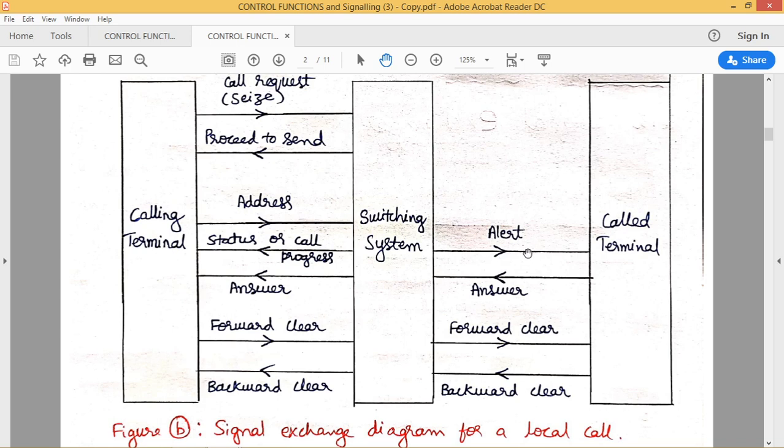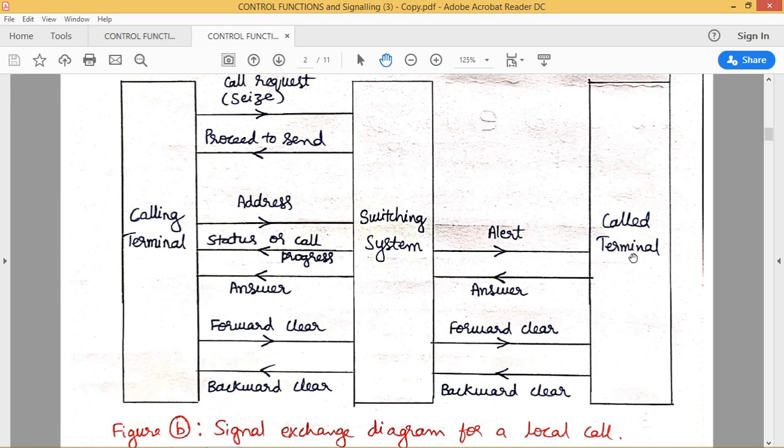Once the alert signal is sent to the call terminal, the telephone of the called user or called customer starts ringing. This ringing sound should be sent to the calling person also. So the exchange also sends the status or call progress signal to the calling person, and he is able to listen to the ringing tone.